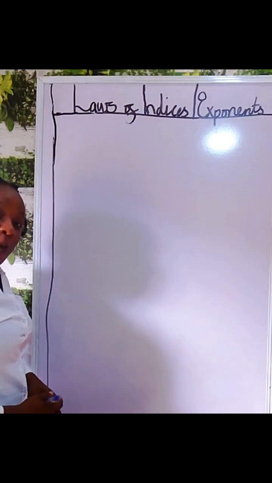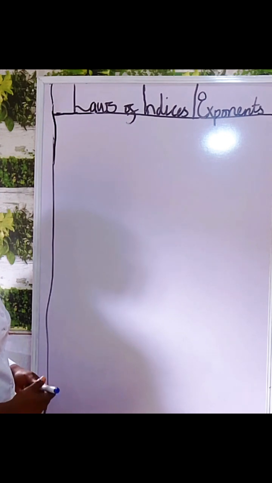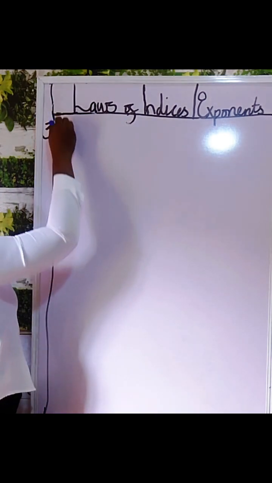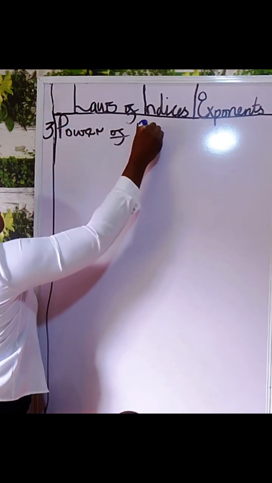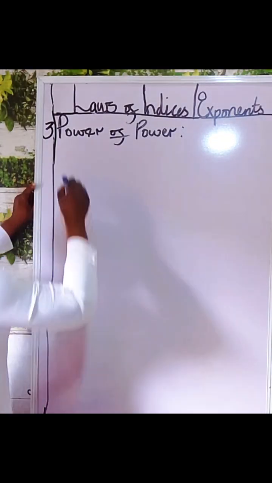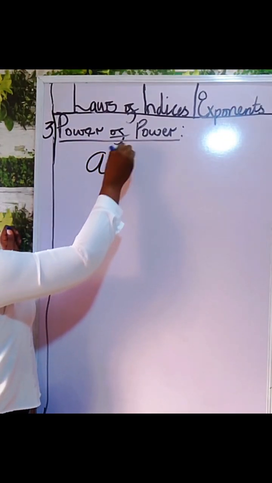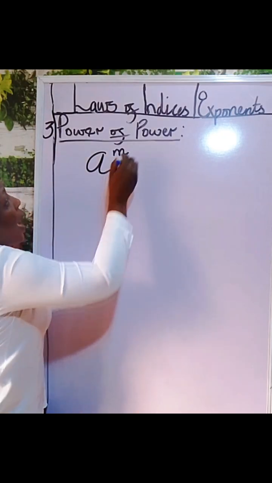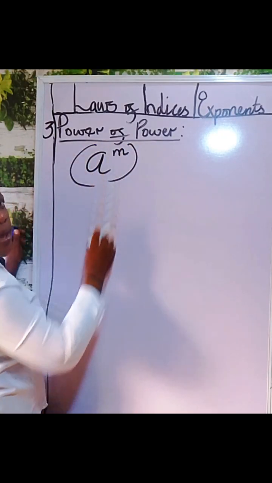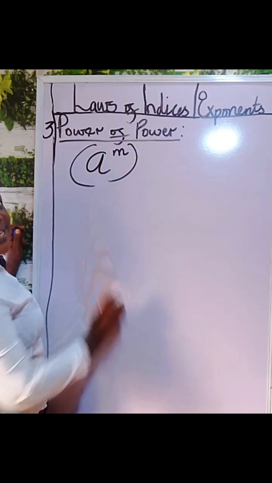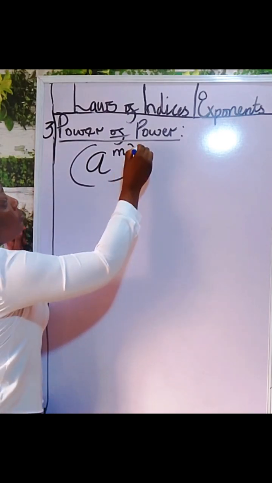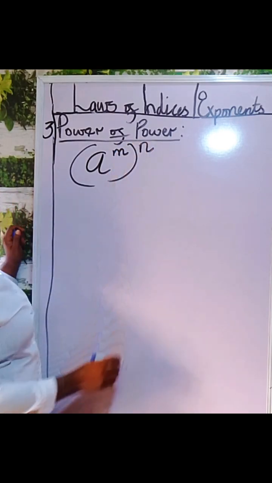Okay. The third rule is power of power. You see a base raised to a power, and the same base raised to a power is inside brackets and also raised to another power.